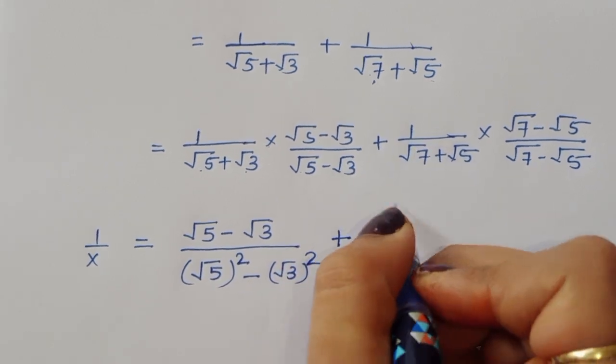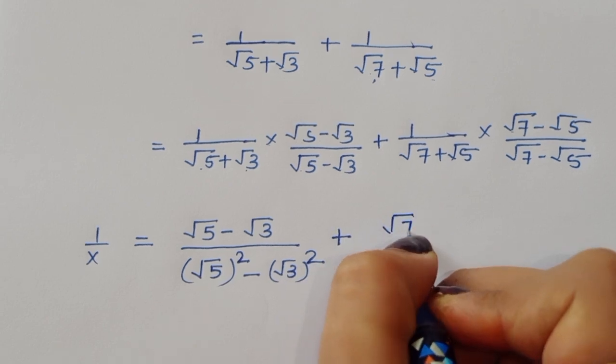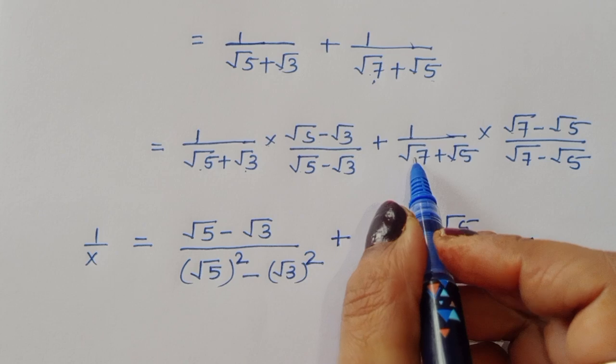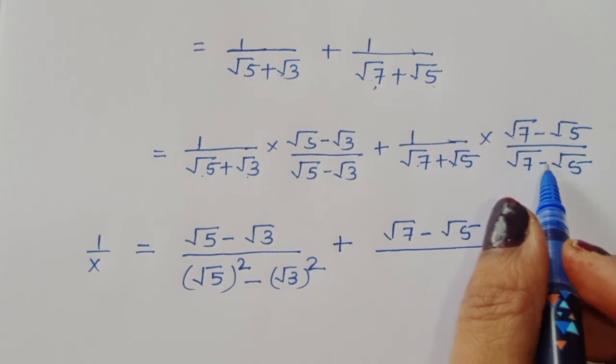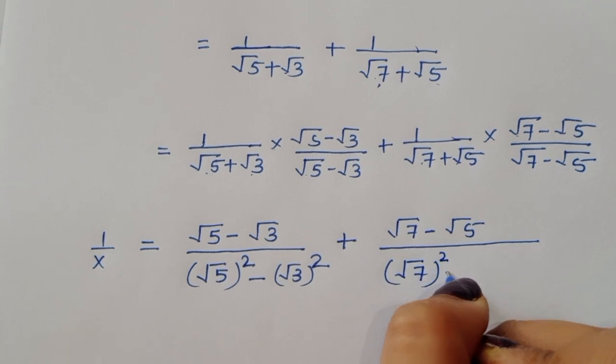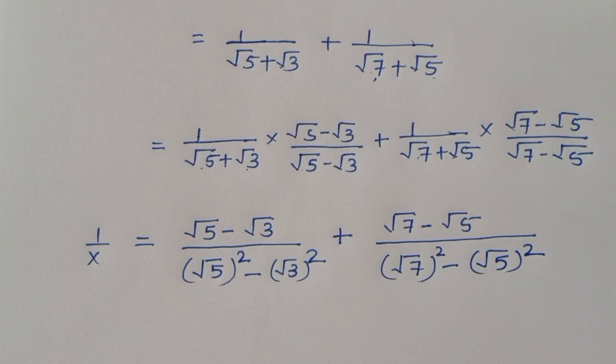plus the next term, 1 times square root of 7 minus square root of 5, divided by a plus b times a minus b, so a square minus b square, square root of 7 square minus square root of 5 square.